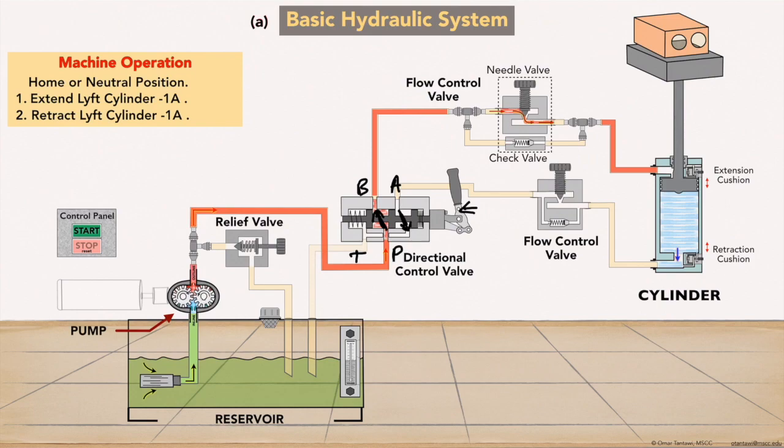The overall connection of the flow control valve is a meter-in connection type, where the flow into the actuator is restricted.